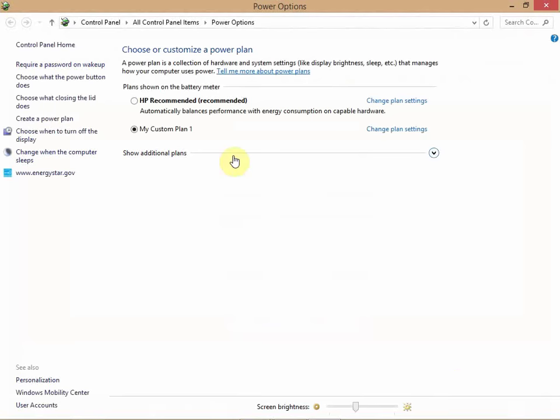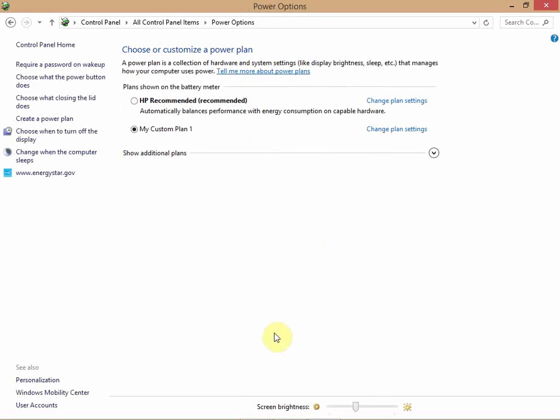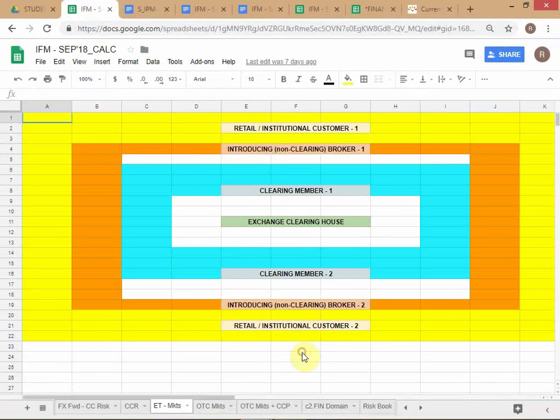Here it is somewhere. Change when the computer sleeps, right? Yes. Okay, that's it. Good, we're done with that headache.